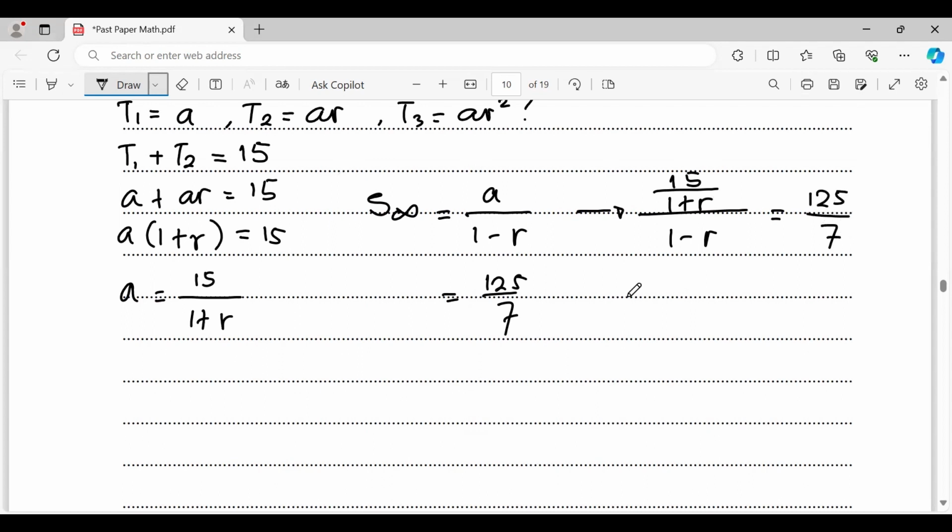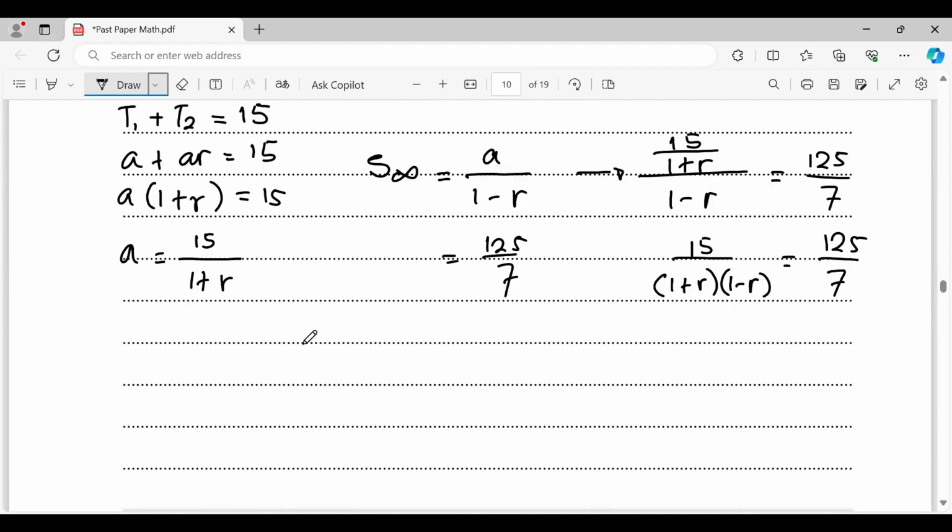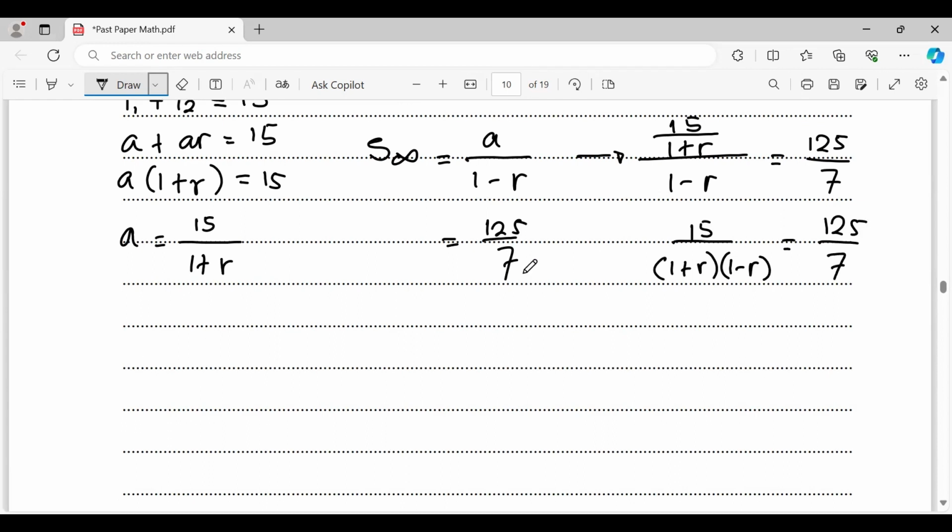So it means 15 over 1 plus R times 1 minus R equals 125/7. So 15 over 1 minus R squared equals 125/7.